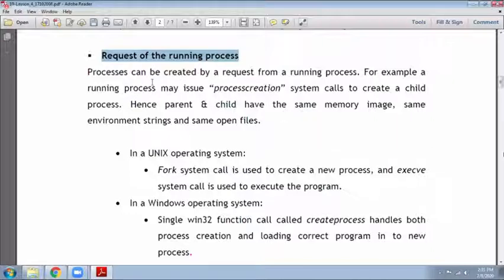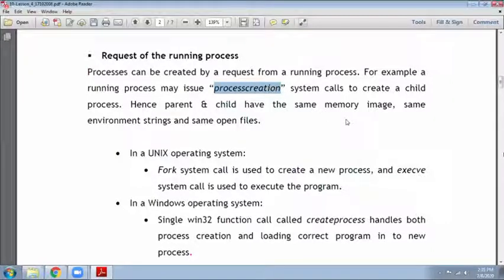So processes can be created by a request from a running process. That means when you run one application, it can ask to start another process. For example, a running process may issue a process creation request.